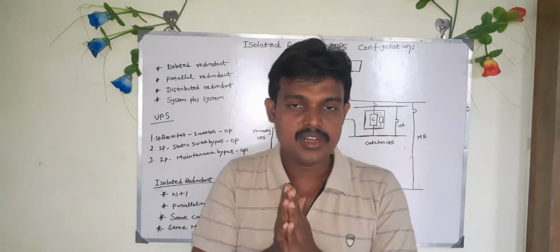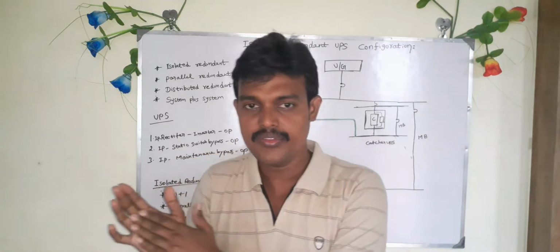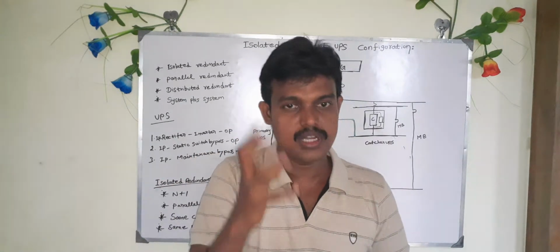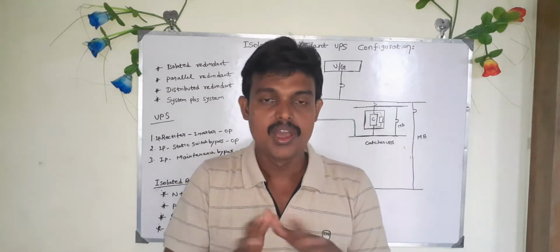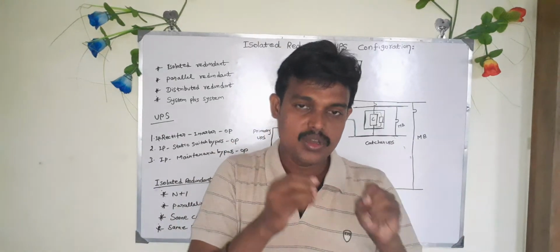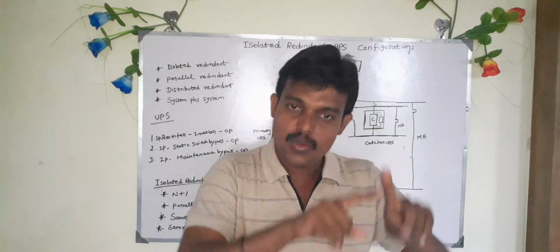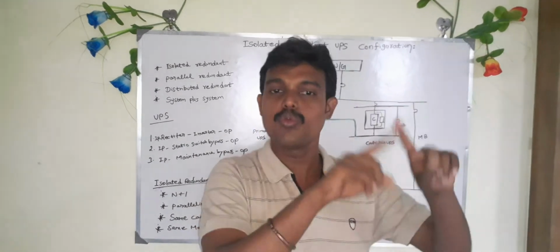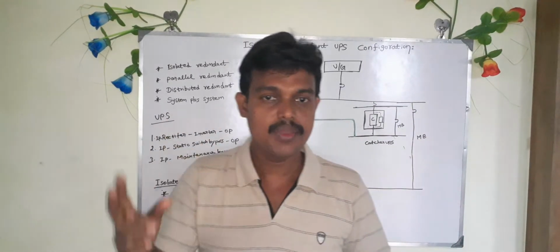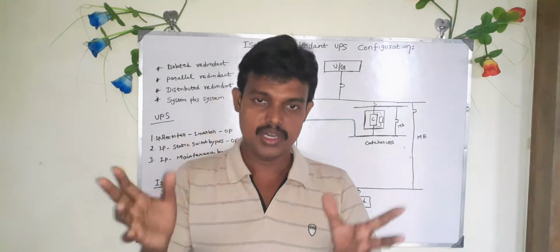Before discussing isolated redundant configuration, first we have to know what a conventional UPS is and what a modular UPS is. Conventional UPS is the very old type. In a conventional UPS, there will be only one rectifier unit and only one inverter unit.